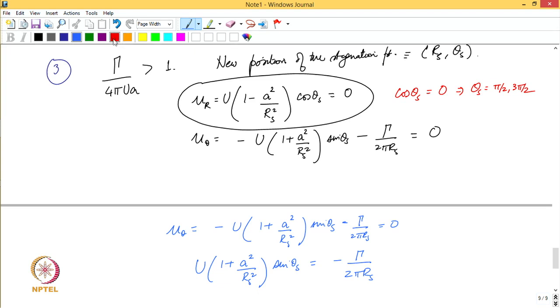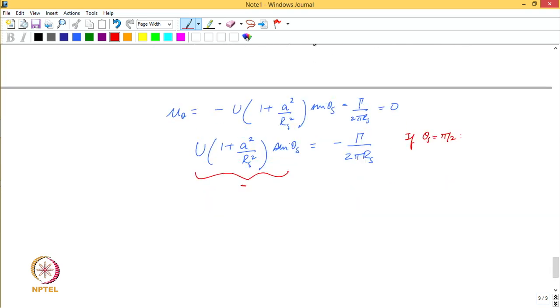Now, just by observation we can see that if theta s was pi by 2, then the left side would be a positive number, because every quantity on the left hand side is positive.